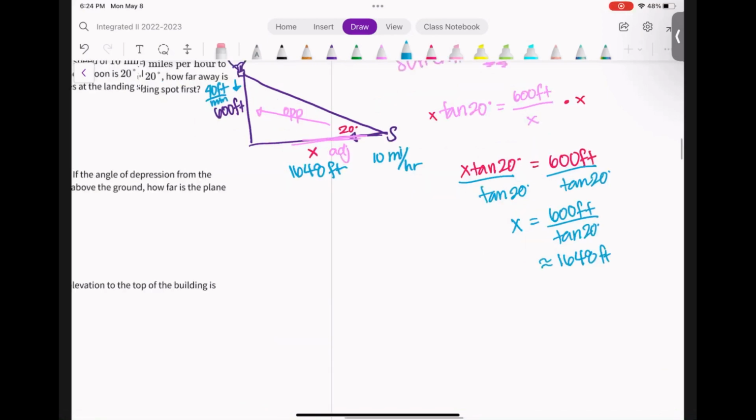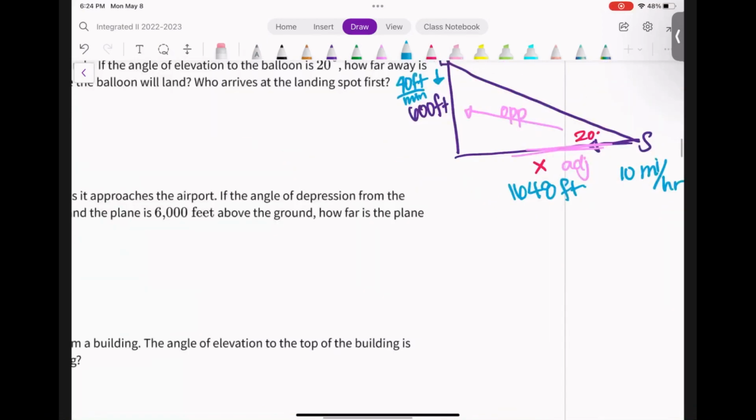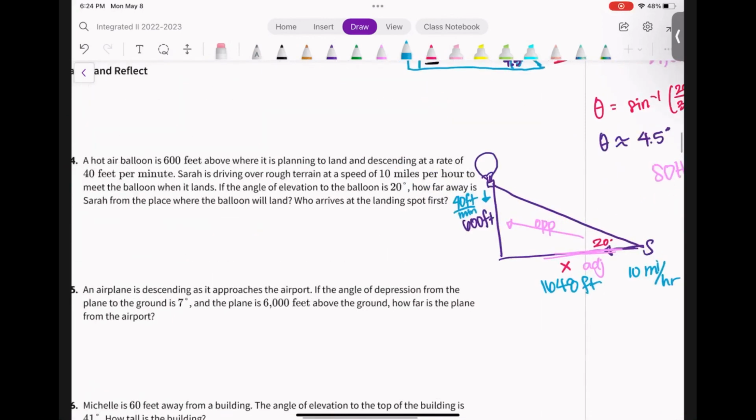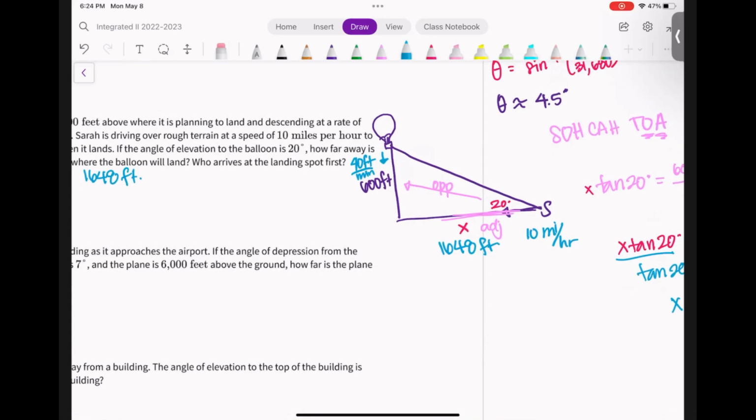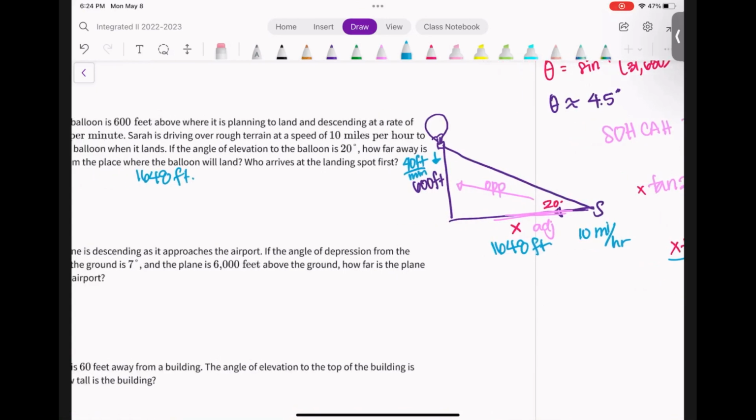So we answered the first question, 1,648 feet. Now what I need to do is figure out who's going to get there first. And there are a lot of units of measure that need to be converted.